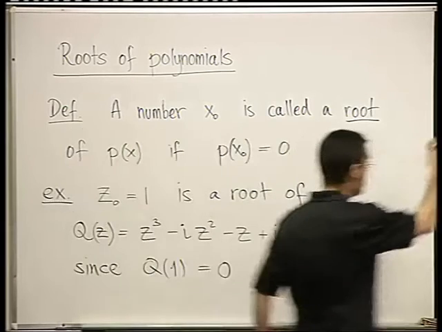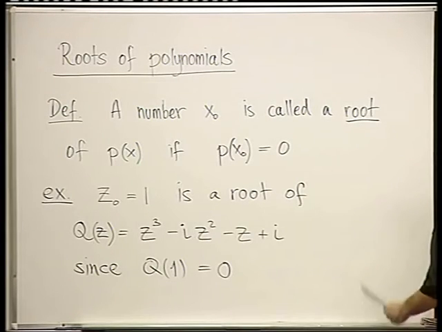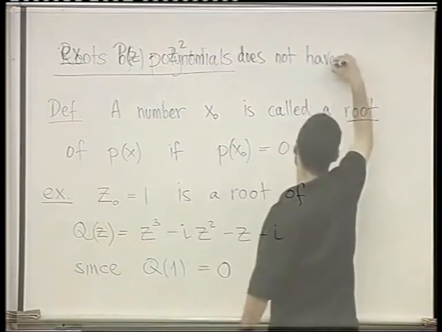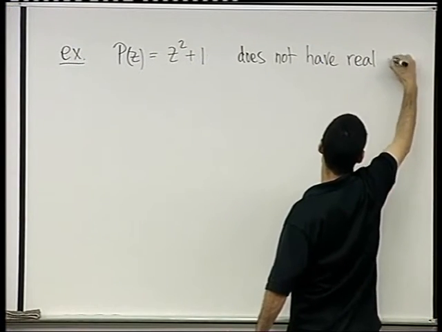Another example. Let's look at the polynomial p of z, which is z squared plus 1. If you think about it a bit, I think we even mentioned this specific example, it does not have real roots.